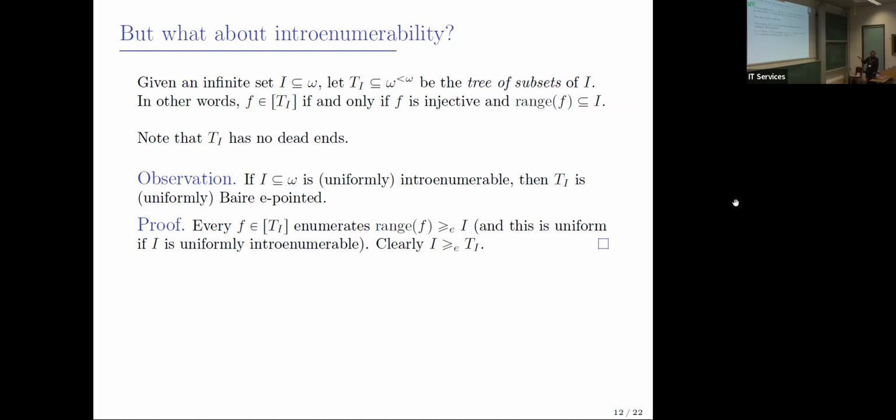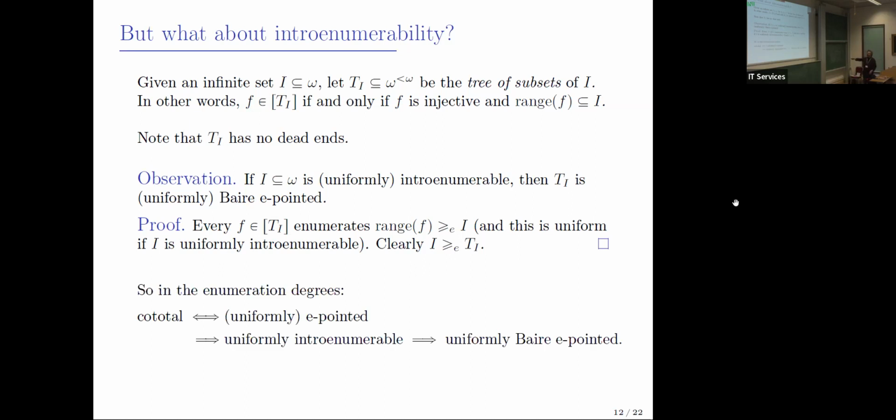If we're not, it's not. But what it gives us is every path through the tree enumerates I, is enumeration above I, and I is enumeration above T_I. You can enumerate I, you can enumerate the tree. And that proves that uniform introenumerability implies uniform Baire e-pointedness, degree-wise.